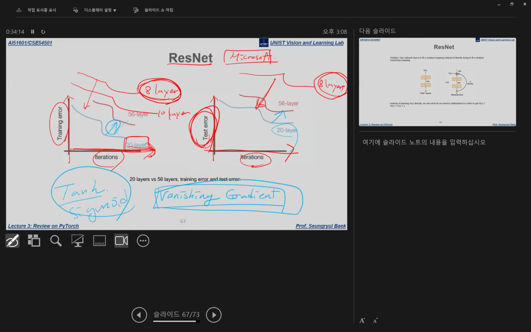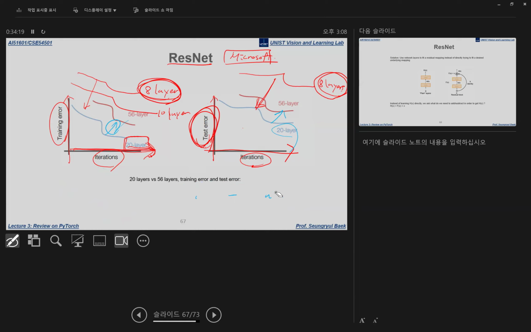I may have to explain why this happened. This is a deep architecture, for example, having maybe 20 layers.